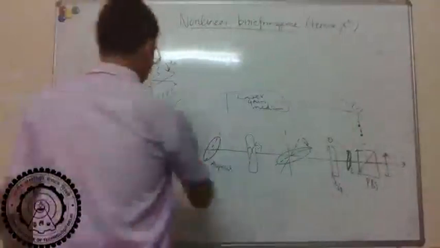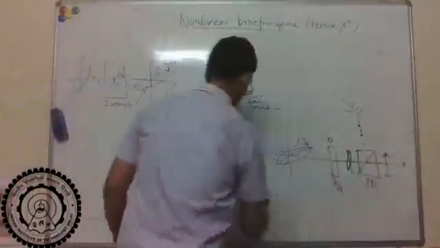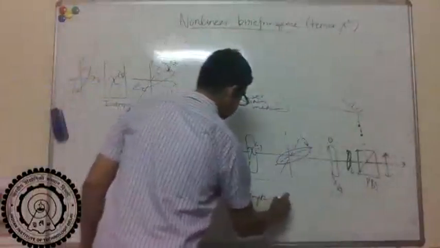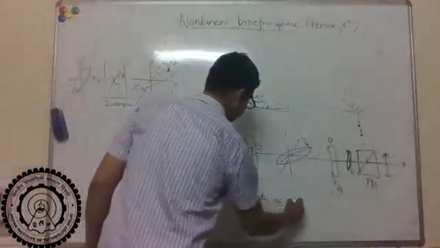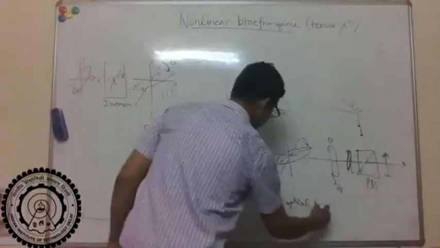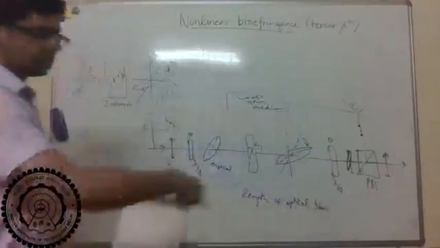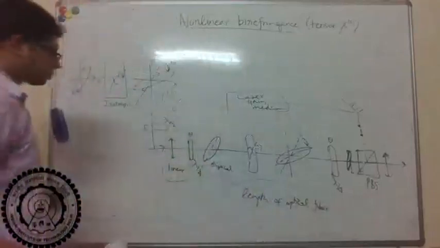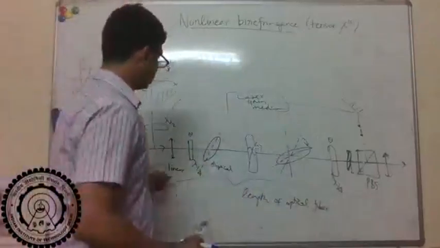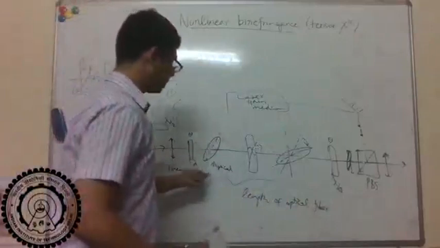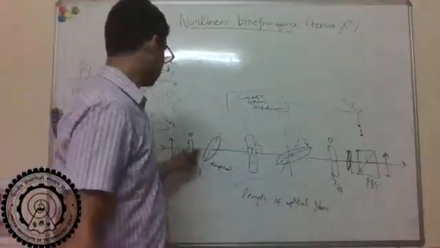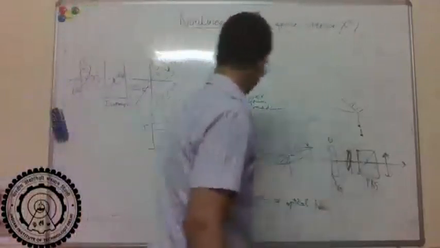Okay, and all this could just be, let's say, some length of optical fiber. Right, so the optical fiber has its own nonlinearity. Okay, you could have polarization controllers, or you could have TM fibers where you could do this polarization rotation also.